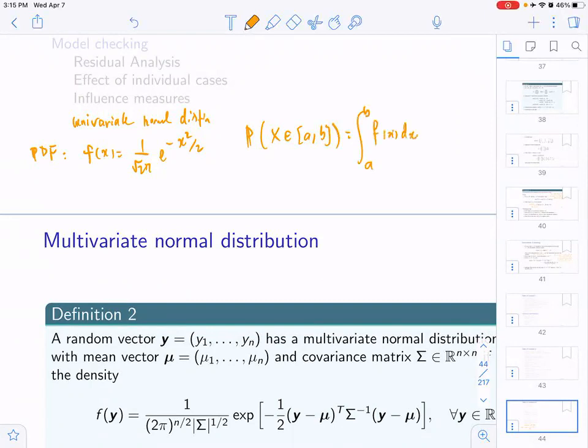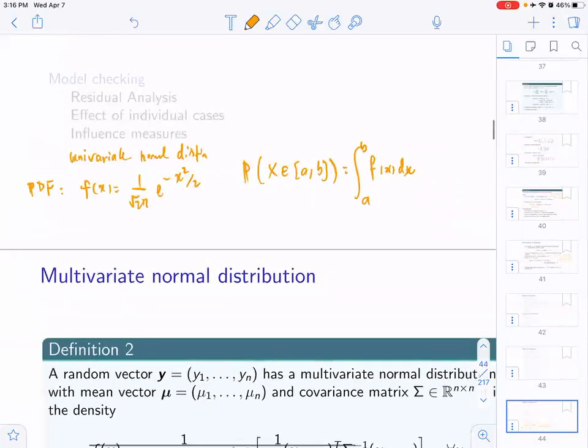So the PDF is a density. Density means if you take the integral over a set, that gives you the probability. You can draw the function, and it would look like this. If I am given an interval a to b, I take the integral, which is the area under this curve, and that area gives me the probability of lying in that interval.